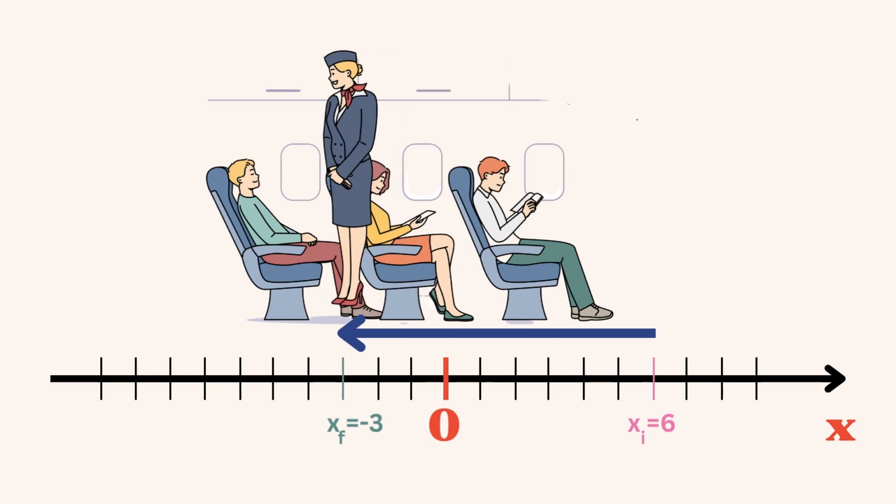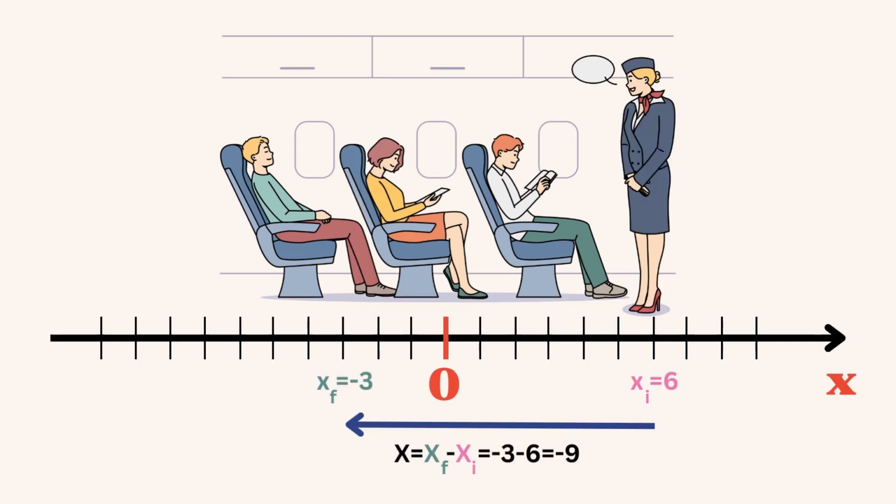And let's say that its initial position was x initial equals 6, and its final position was x final equal to -3. And this is what you need to do. You need x-axis to put the positions there for you to be able to calculate a difference between 2 positions, which is going to be your displacement.